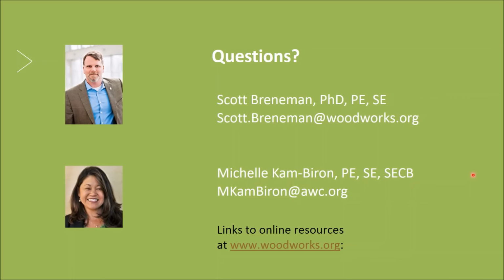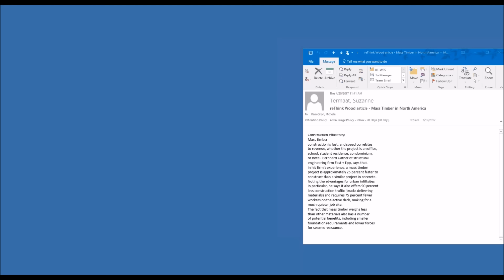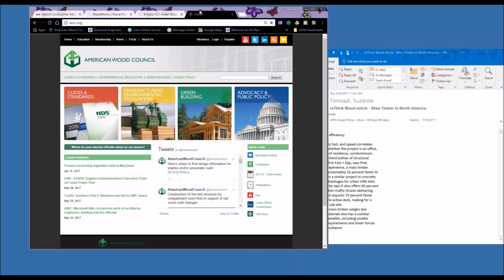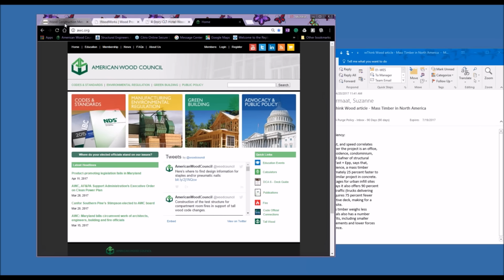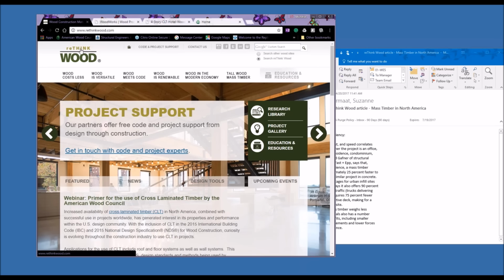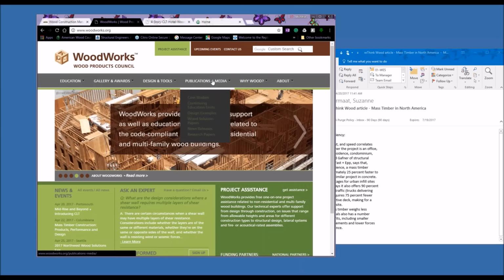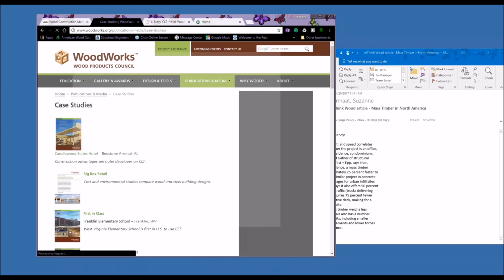Right. First, I'm going to show my screen. There is some information, and I know this is on the Rethink Wood website. There are case studies that go over cost information, and also on the WoodWorks website. I'll go to woodworks.org, and Scott can lead you to this also, but I just have it readily available.